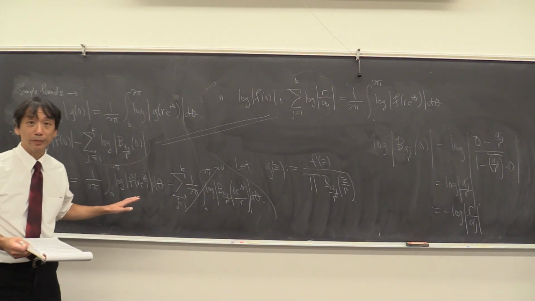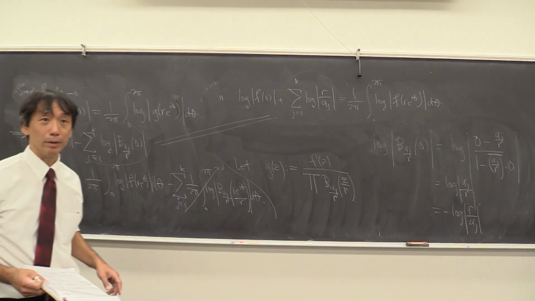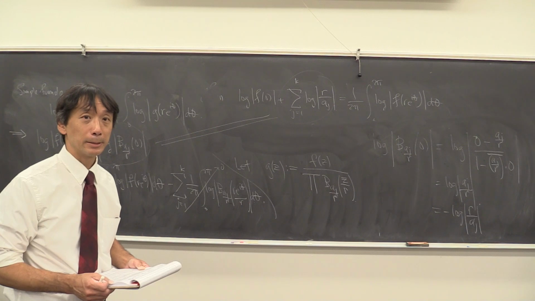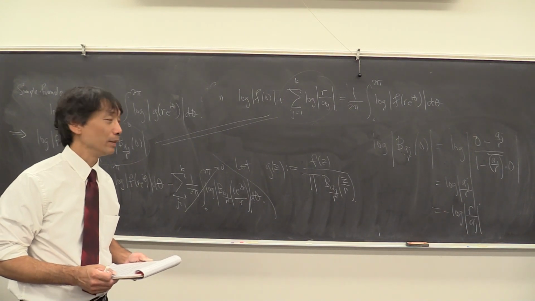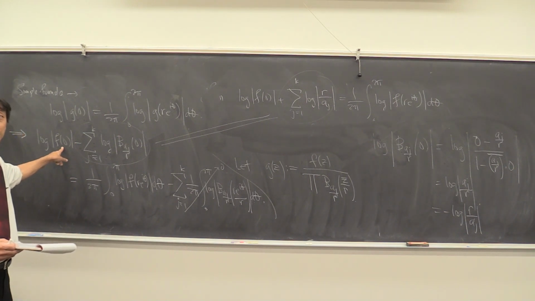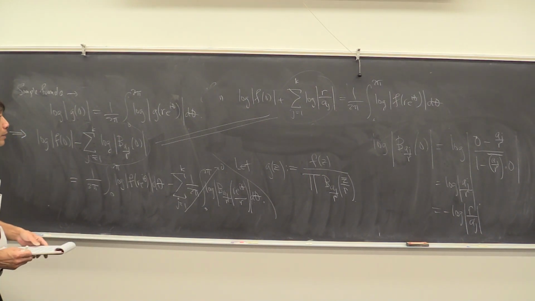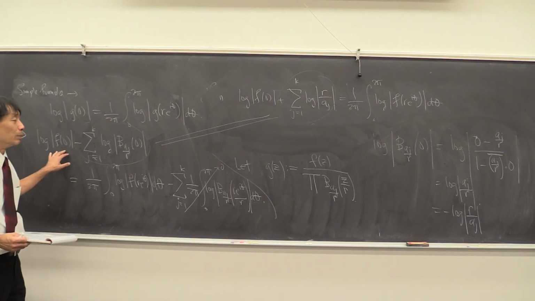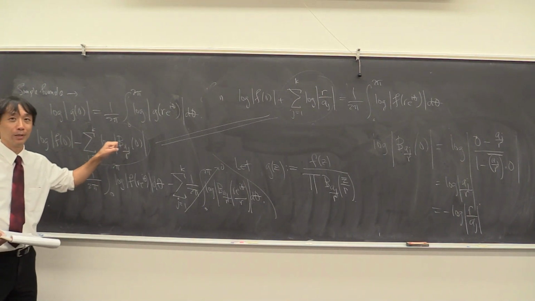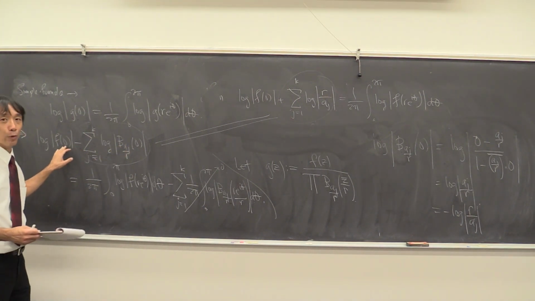Okay, so that's the proof of Jensen's formula. So the function can't have a 0 at 0. That's right. Because then this wouldn't make any sense. So you don't want to do this at a 0. This formula actually can be extended to an arbitrary point. It doesn't have to be at the origin.